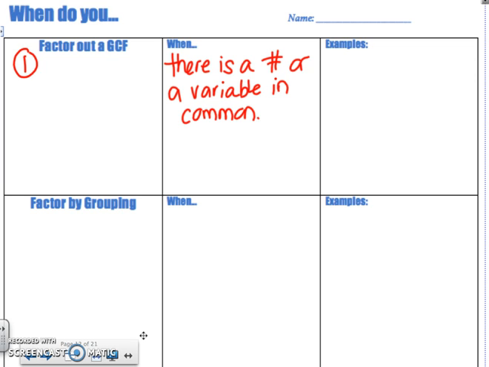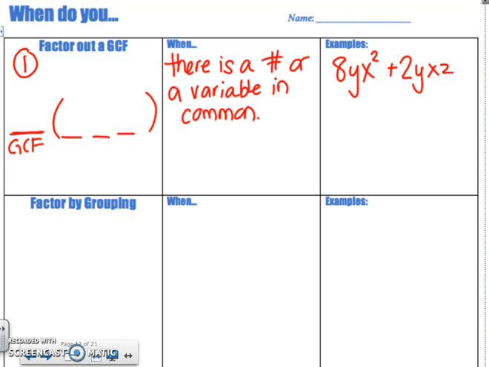So remember, when you're factoring out a GCF, you want your answer to look like you're taking out a GCF, and then you've got something in the middle. You could have 2 terms, you could have 3 terms, you could have 5 terms, does not matter, okay? So some examples of what that looked like. You can obviously have multiple letters like 8y x squared plus 2y x z, okay?